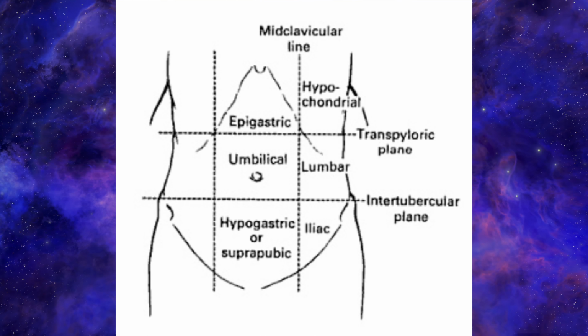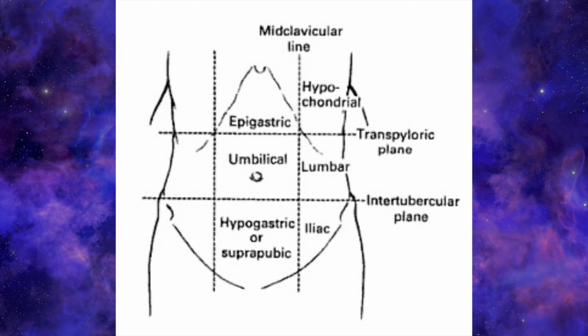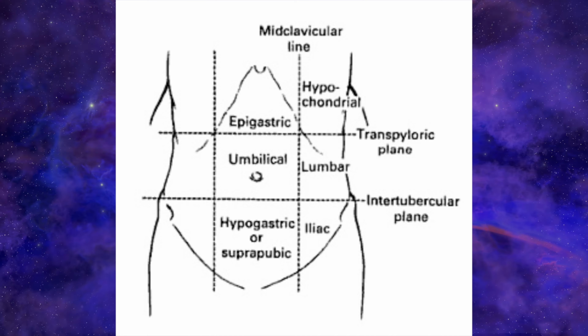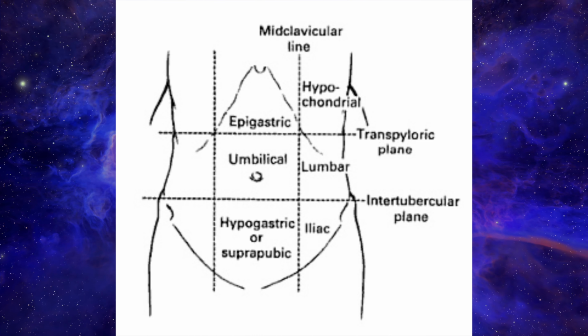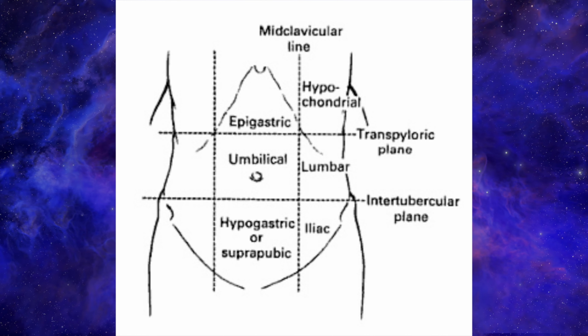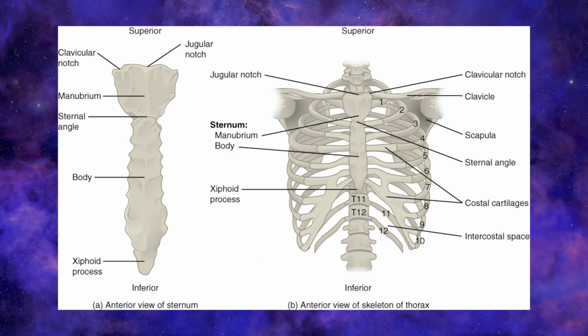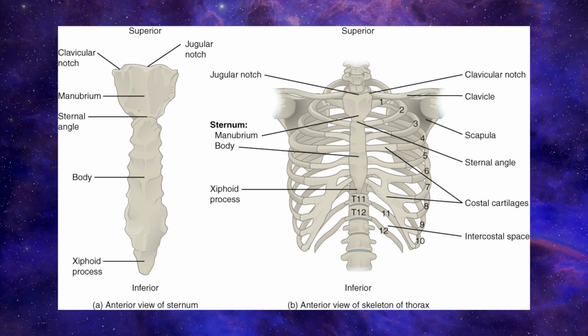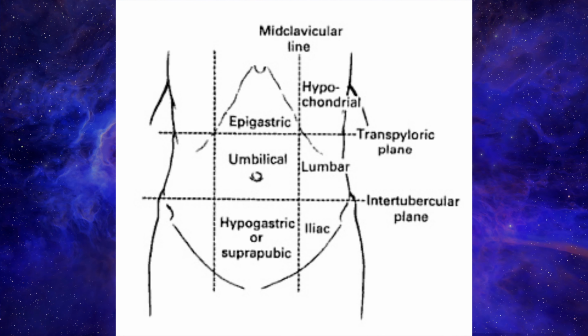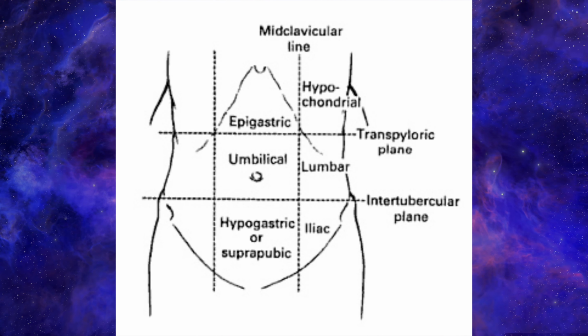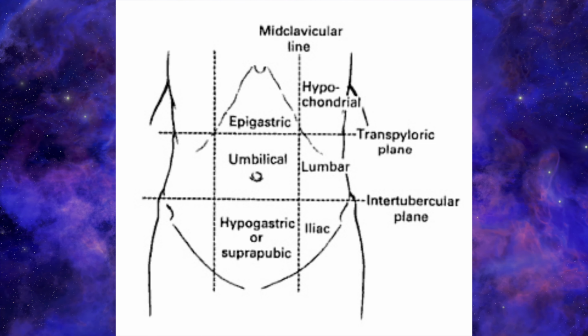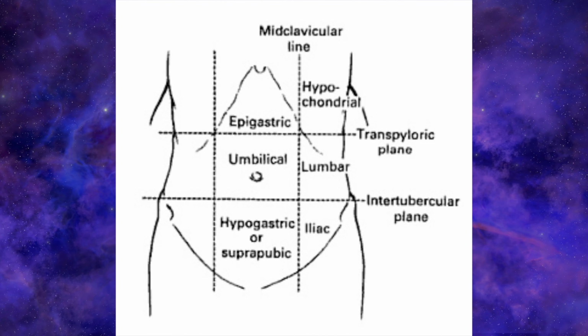Okay, now the transpyloric plane is essentially the halfway point between the jugular notch and the top of the pubic symphysis. So the jugular notch is that little indentation in your neck, and the pubic symphysis is at the bottom. If you draw a line halfway between those points and a horizontal line across, then that's the transpyloric plane.